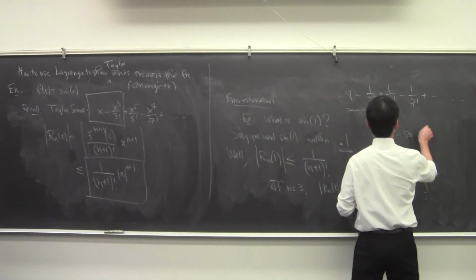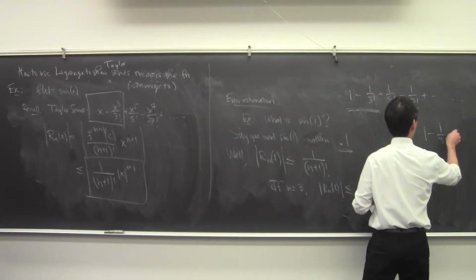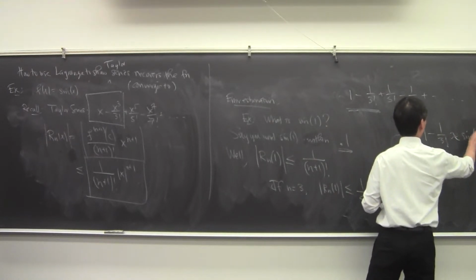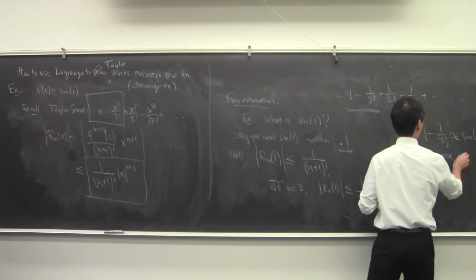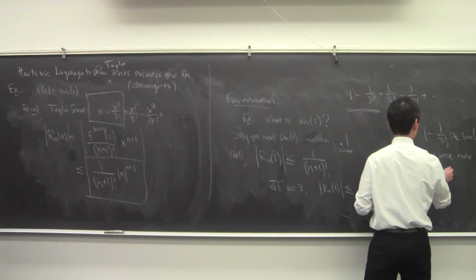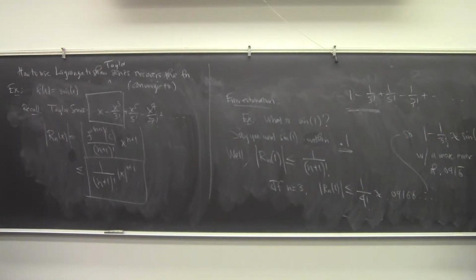So 1 minus 1 over 3 factorial is about sine of 1 with a maximum error of 0.0416. Which is great, right? We're already pretty close to the actual sine, even just by taking these first two terms.